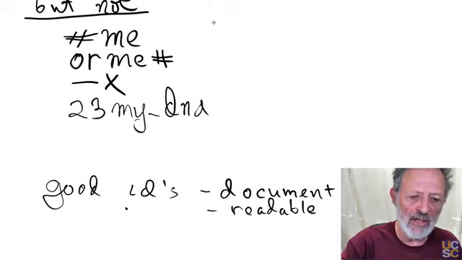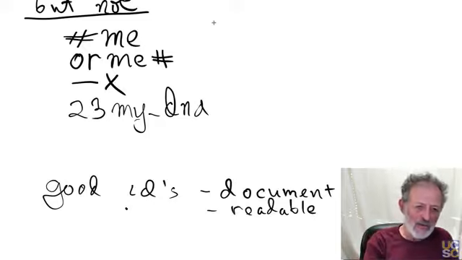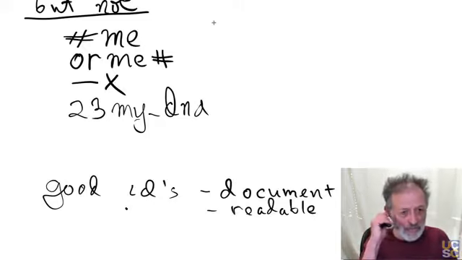What won't work as an identifier? The sharp character. So sharp me is not an identifier. Sharp is not allowed anywhere, so me sharp would not be an identifier. Here, rather than underscore, I'm using minus, and that would be the expression unary minus x.